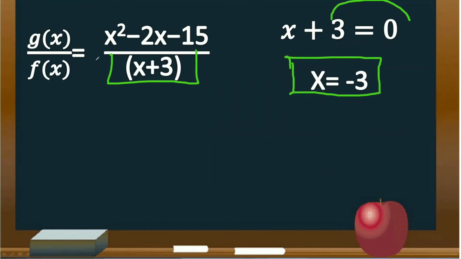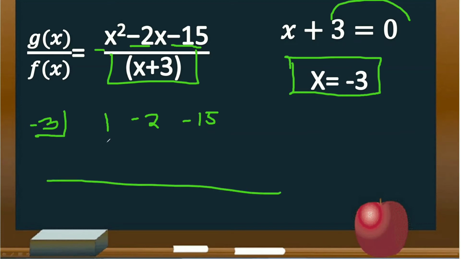The second step is we need to write the numerical coefficients of our dividend, which in this case are 1, negative 2, and negative 15. And then we will write x equal to negative 3 in this manner. Always remember that the first numerical coefficient will be brought down, and then we will multiply that by negative 3.